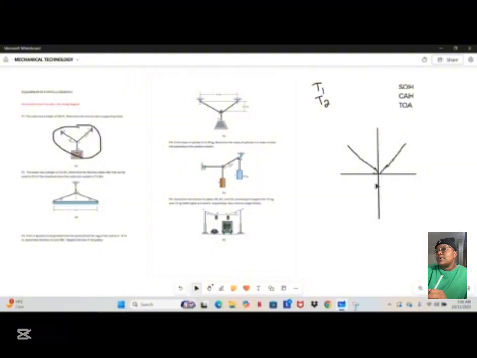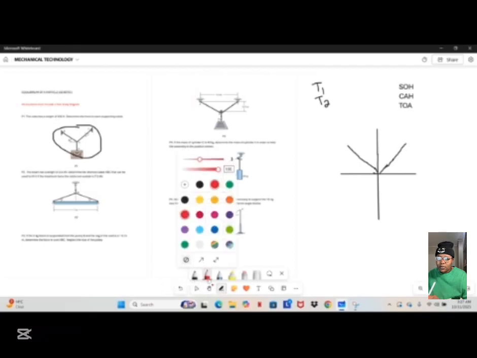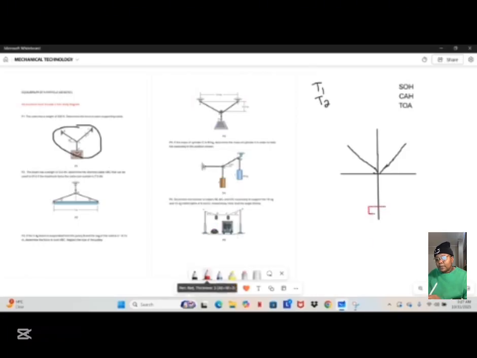Right, so we are going to be solving for the cables T1 and T2. So here we have an extra cable, which is carrying the weight. Let me use another color.